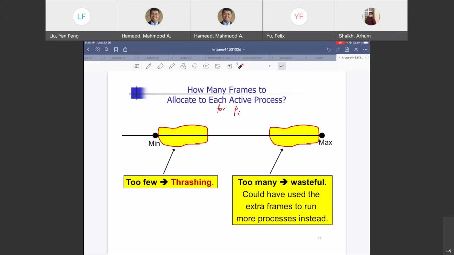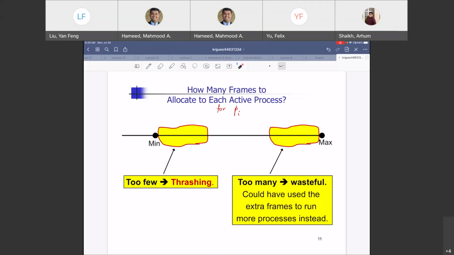At any given time, I will have 2 frames in physical memory, but I need 2 more, so I'll have a lot of page faults. Too few frames allocated, so that particular process is going to be thrashing. I needed 4 to make sure that thrashing doesn't happen, but I got only the minimum.